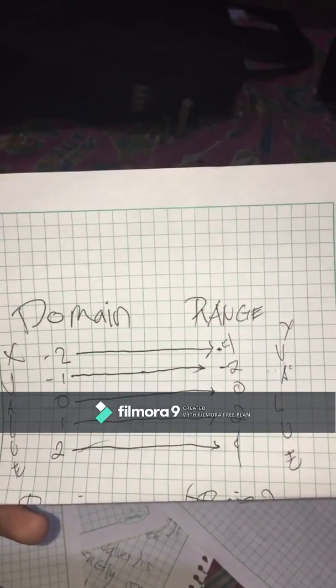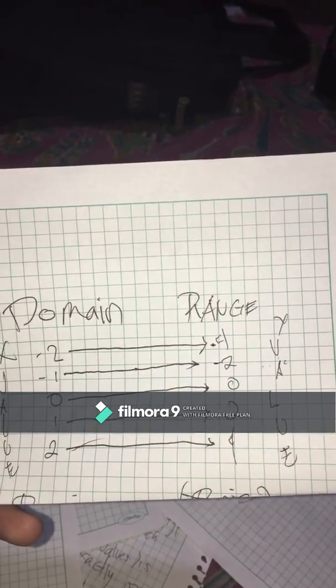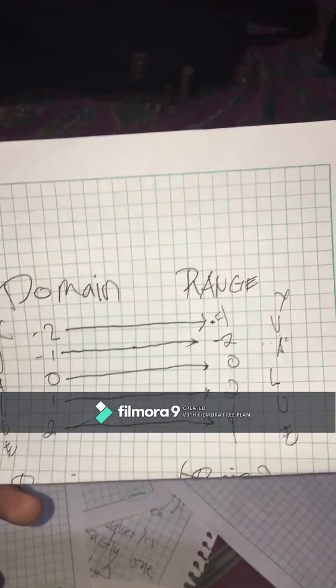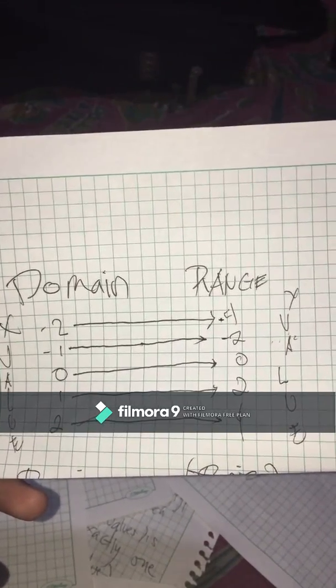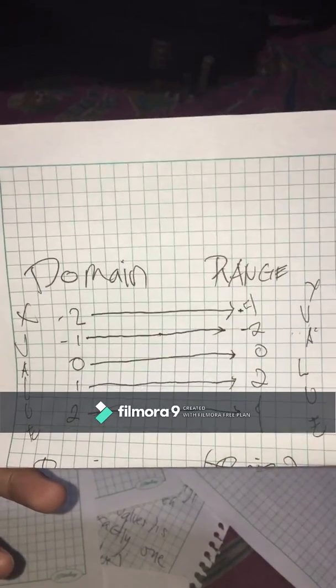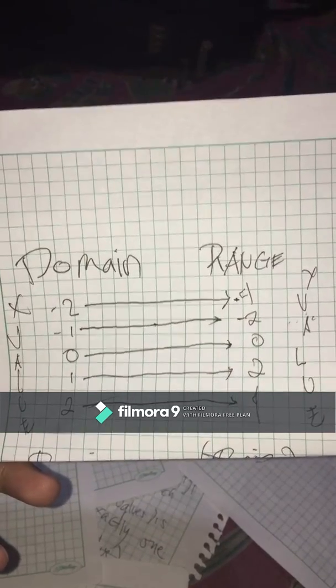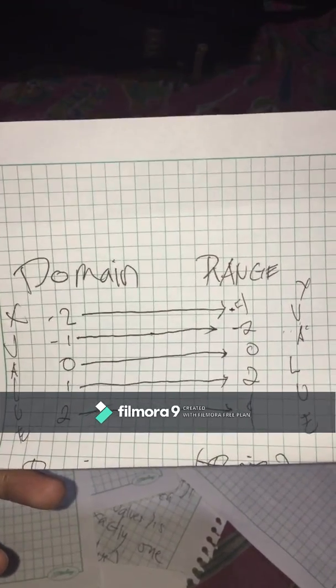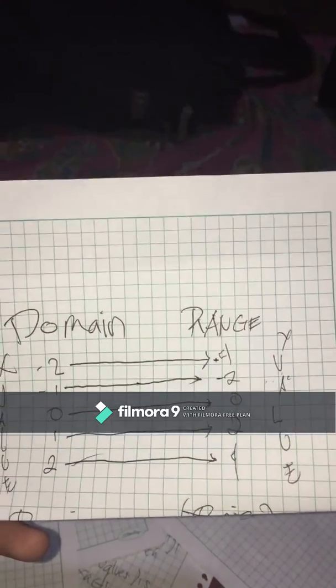So the range of -2 is 4, the domain is -1 and the range is 1. The range of 0 is 0, the range of 1 is 1, the range of 2 is 4. So that is the function, guys.